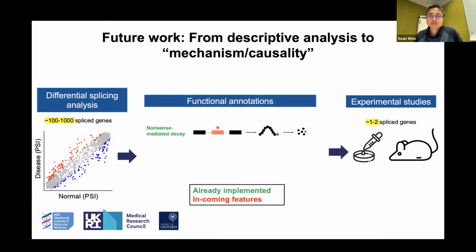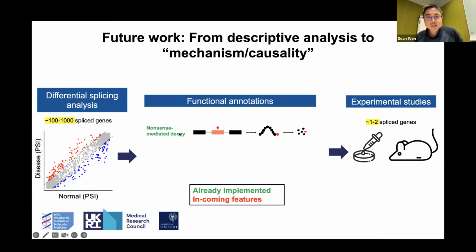So how to do this? One way to choose genes is to choose splicing events that have an impact on the gene. One feature that I've already shown you is that alternative splicing can lead to nonsense-mediated decay. And sometimes this leads to a protein that is no longer functional.